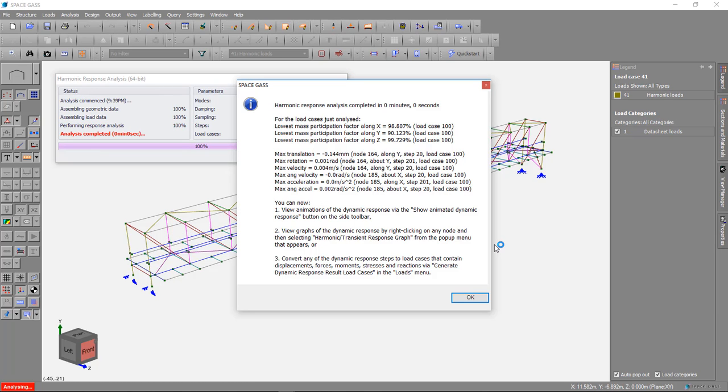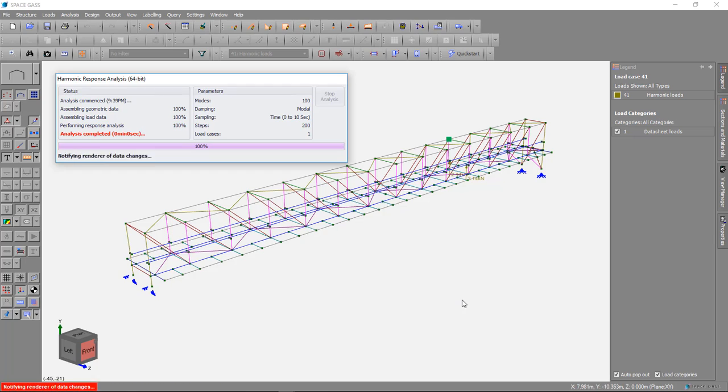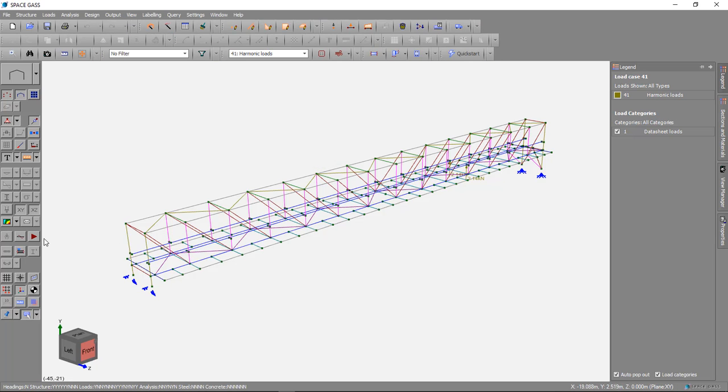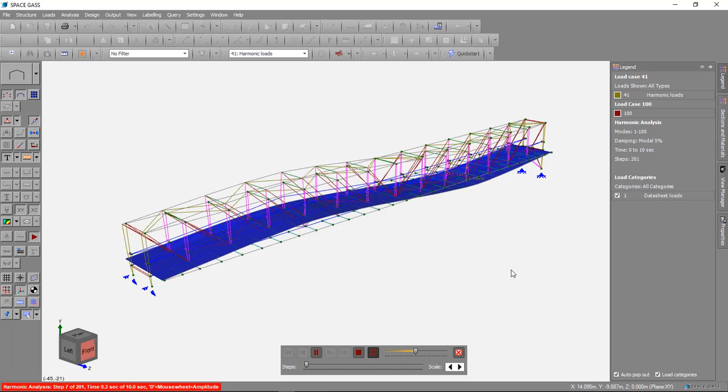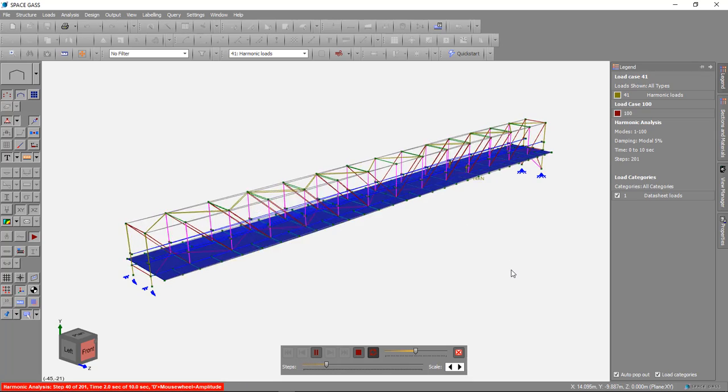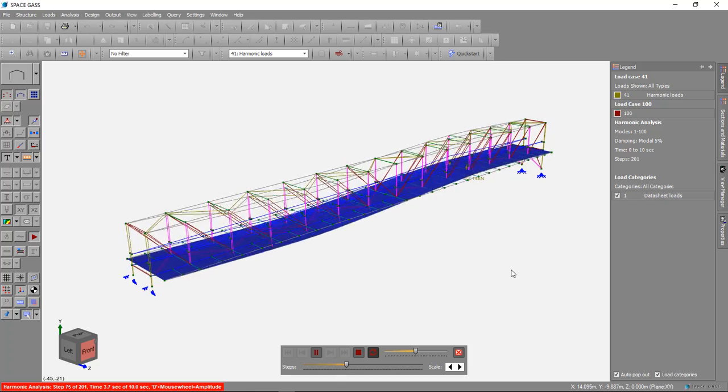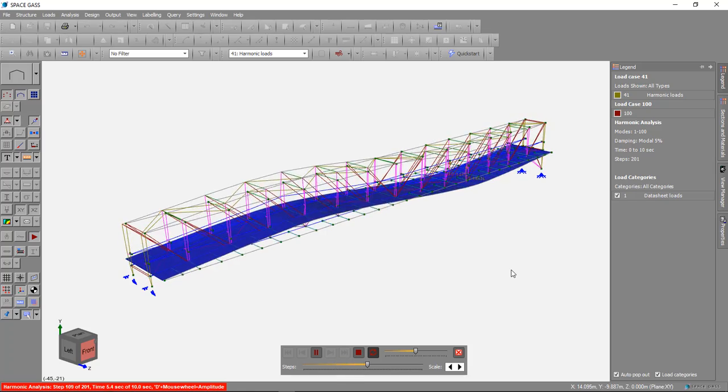So you'll notice I didn't have to do the dynamic frequency analysis again. That's obviously saved, so you just do it once. And then we'll look at the animation again. So straight away you can see it's a completely different action now that the loads are out of phase with each other.